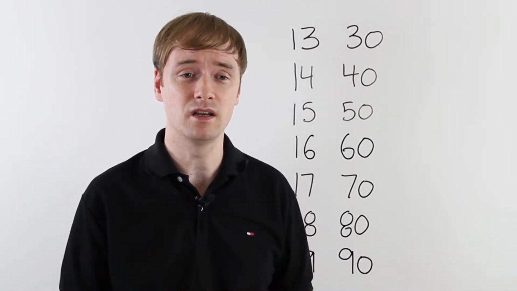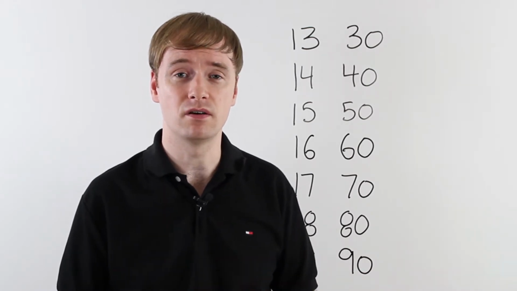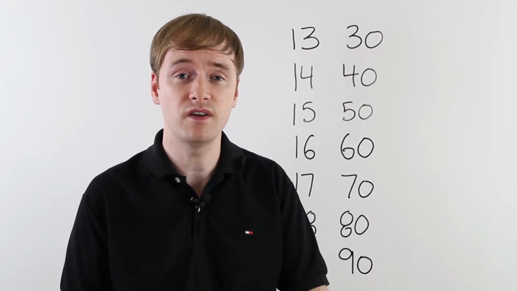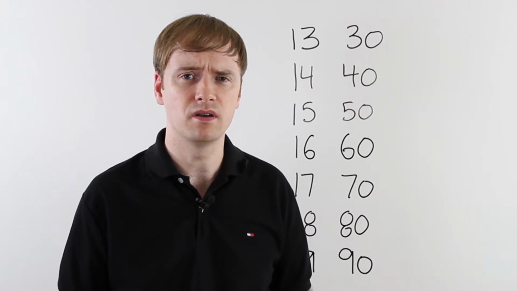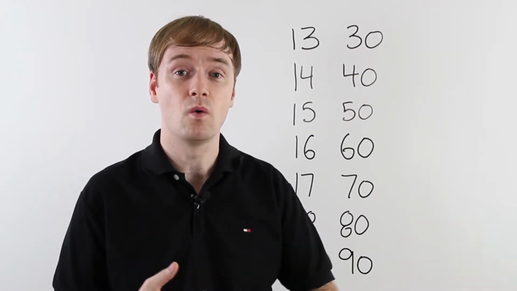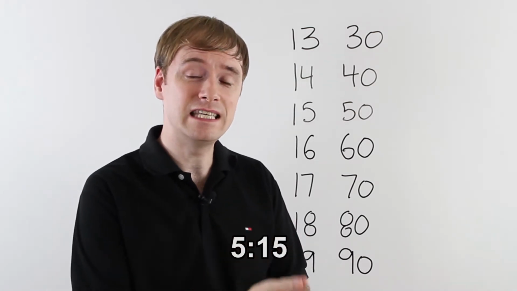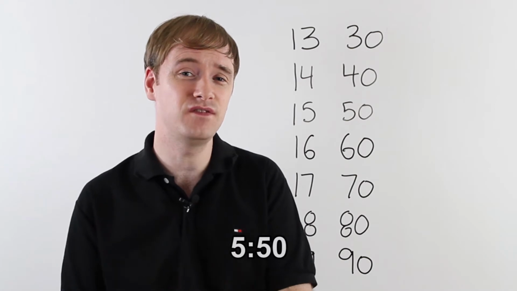Okay, so I waited and waited. She never came. And then the next time I saw her, I said to her, why didn't you show up? I was waiting at 5:50. And she said, yeah, I was waiting there too, but you never came. And I was very confused. Well, it turns out that she said 5:15, but it sounded to me like 5:50.